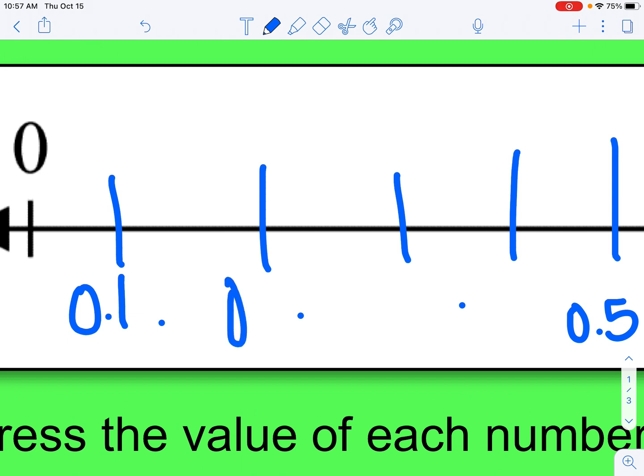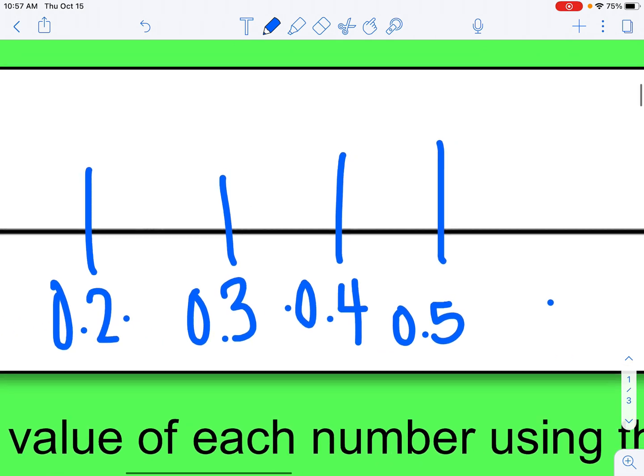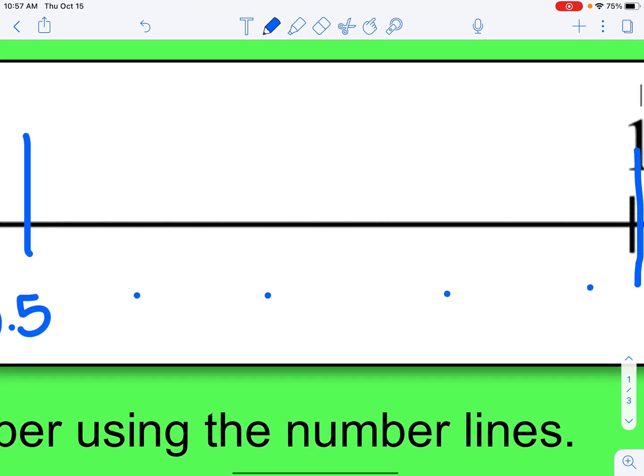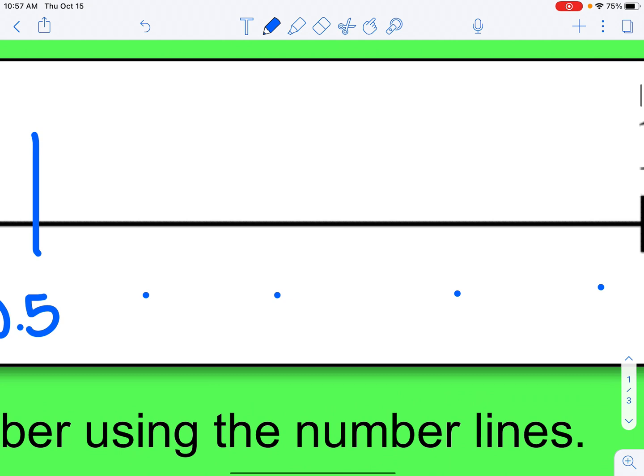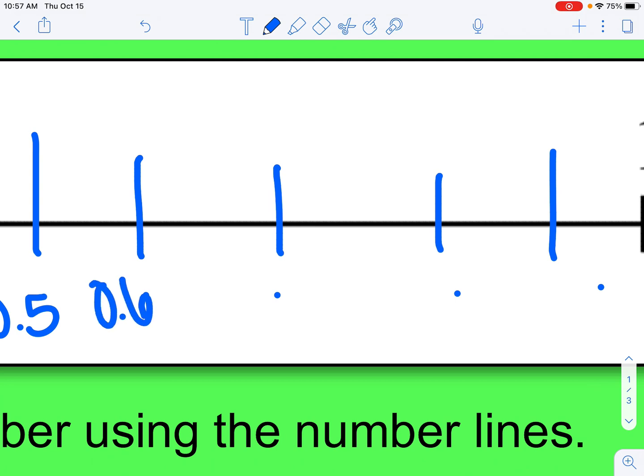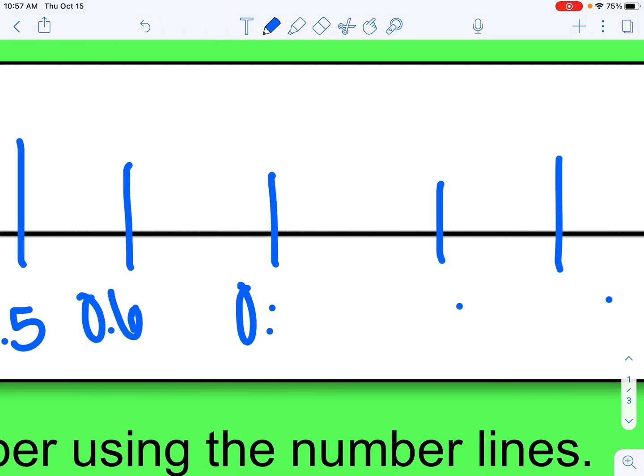So this right here is 1/10, this is 2/10, this is 3/10, and this right here is 4/10. Then I have 5/10, so now I need 6/10, 7/10, 8/10, and 9/10, so 4 more lines. Try to make it as even as you can, but if you can't, that's okay. Just do your best.